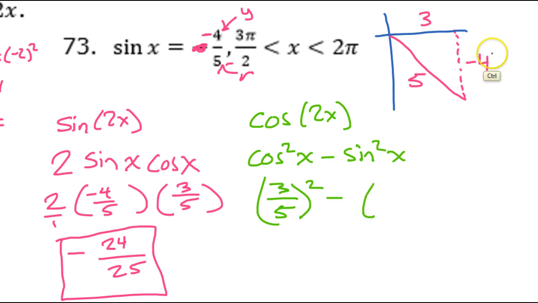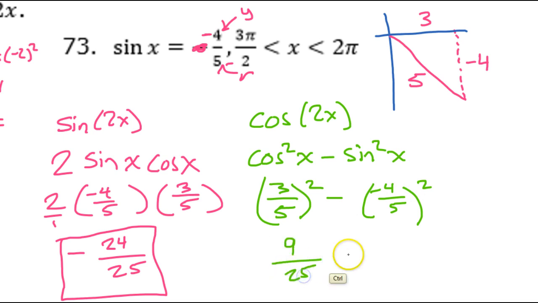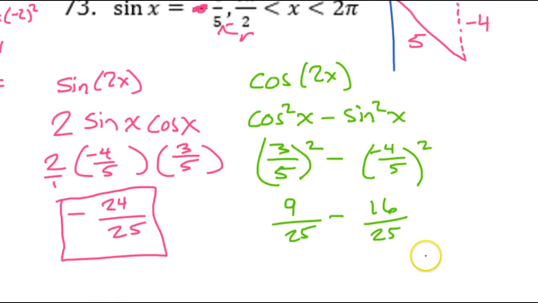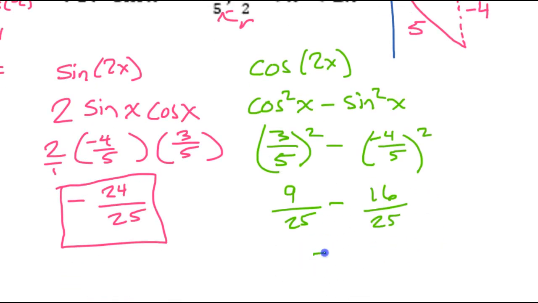And sine is y over r. So this will be negative 4/5 squared. So this is going to make 9/25 minus 16/25. So this is going to make negative 7/25.